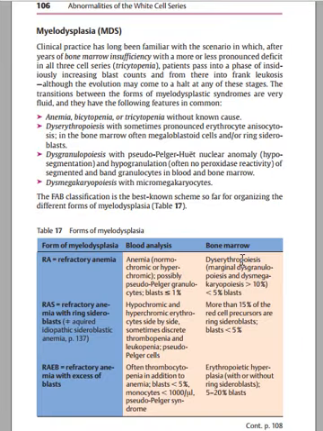So myelodysplasia. Let's see now what is myelodysplasia. In myelodysplastic, clinical practice has long been familiar with a scenario in which, after years of bone marrow insufficiency, there is a more or less pronounced deficit in all 3 cell series.